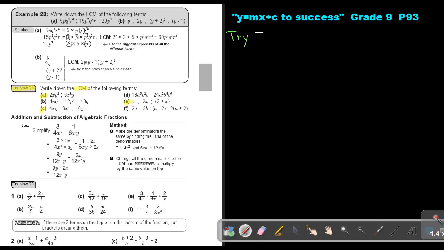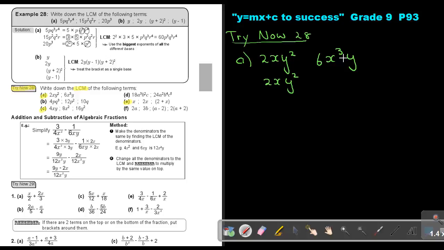So try now 28. We are going to start with number A. It's 2xy squared and 6x cubed y. Remember, write it as the product of its prime factors. So for 6, it's 2 times 3, and then x cubed y.